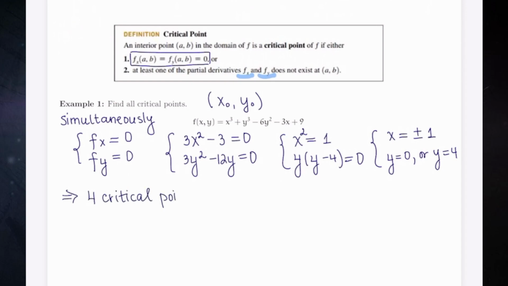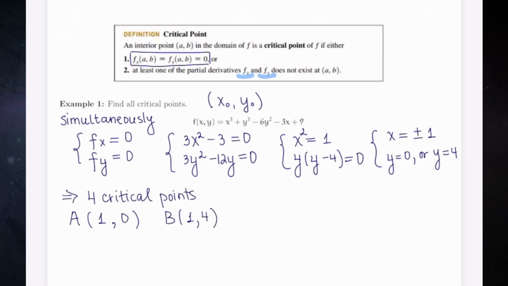So let's see what they are. I'm going to go ahead and label them. Let's say point A. If x is equal to 1, then y could be either 0 or 4. So let's say (1, 0). That's my first point. And then (1, 4) is another point.